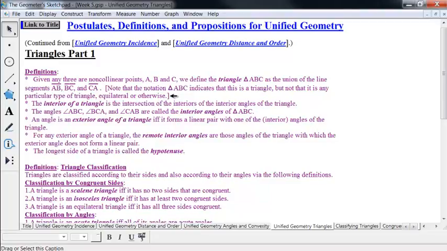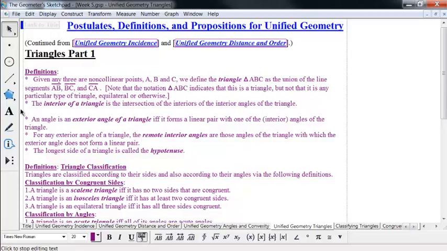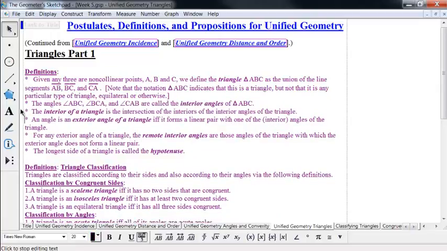The interior of a triangle is the intersection of the interiors of the interior angles of the triangle. And then I should probably have this definition before that. Okay, the angles ABC, BCA, and CAB are called the interior angles.